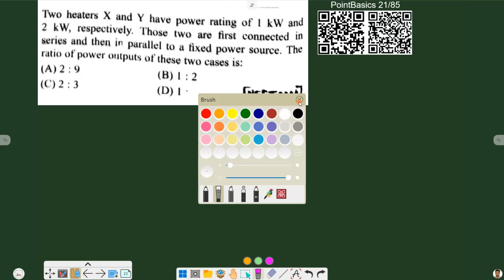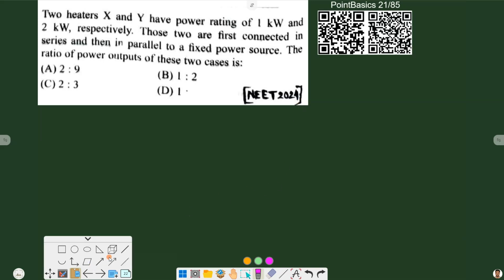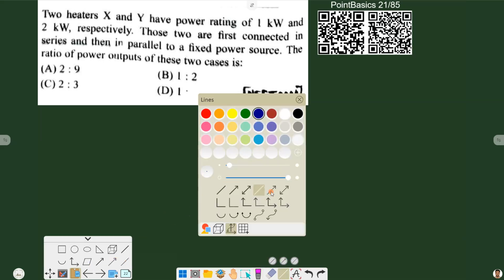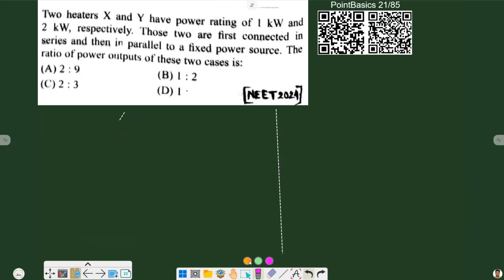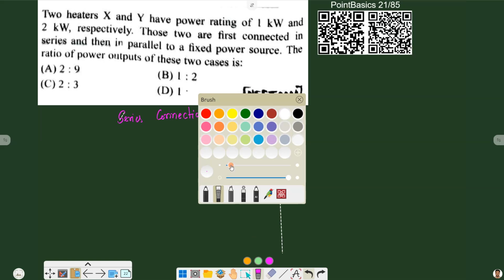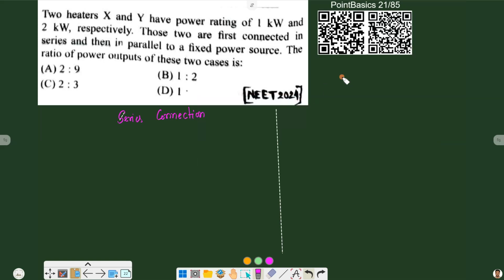So let's divide into two parts, one for the series and one for the parallel. Here we will solve the series connection, and here we will solve the parallel connection.